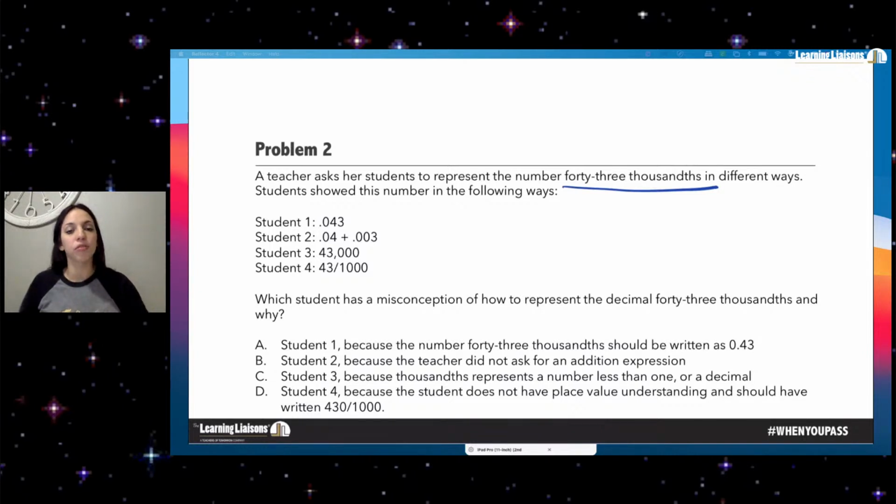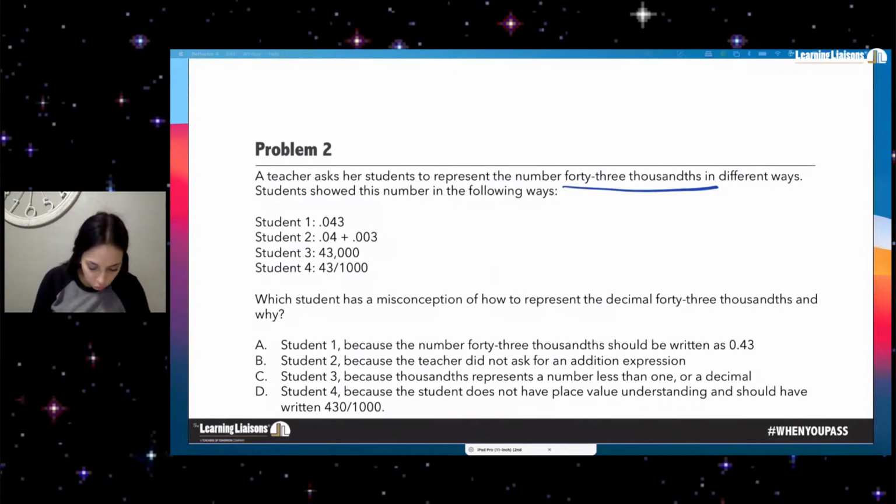Student number 3 said 43,000. And student number 4 said 43 divided by 1,000. Which of the following students has a misconception of how to represent the decimal 43 thousandths and why? Now, as I'm reading this problem, I'm thinking, which of the answers is incorrect?